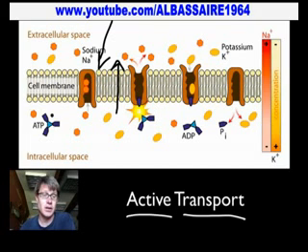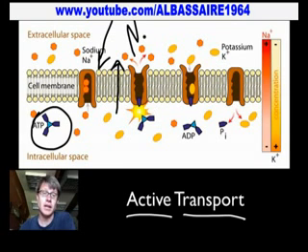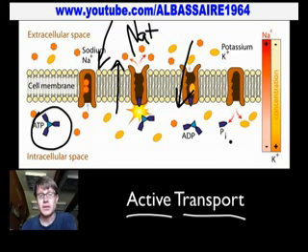And so you can see right here that we have adenosine triphosphate attaching a phosphate to the sodium-potassium pump, and as it does that, it causes a change in the shape, which is moving the sodium to the outside. It's moving the potassium to the inside, and then we have to use more ATP to do that. And so it's a constant supply of energy required to maintain that sodium-potassium pump.